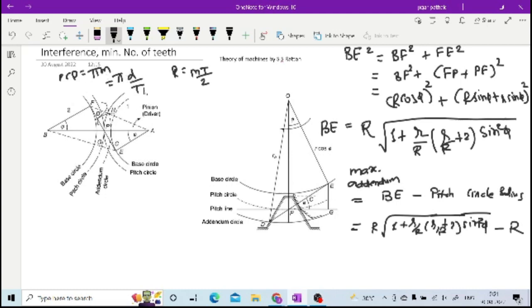From m equal to d by t, d is equal to 2r. So when you put d equal to 2r, you will find that r is equal to mt by 2. So from that, this r equal to mt by 2 has come.